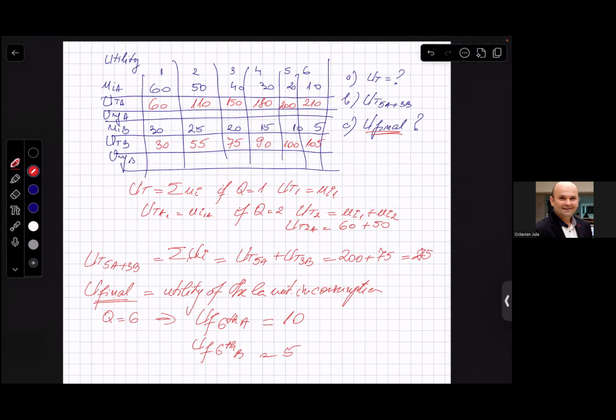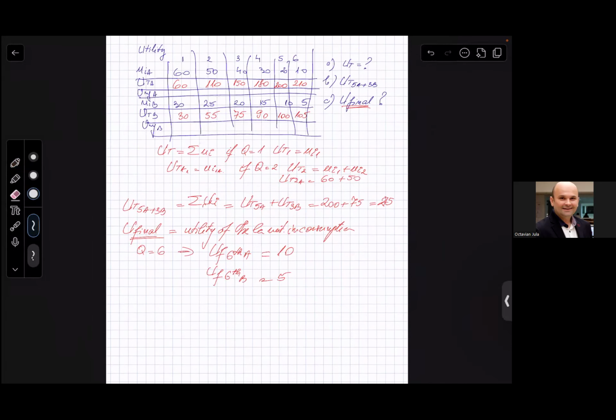Okay. Also to this exercise, let's look at what marginal utility means. I want to remind you that marginal means the benefit that an individual has in consumption from 1 extra unit of a specific product. So it is the extra utility divided by the extra quantity. For example, if I want to find out for the quantity equals 4 units of A, what is the marginal utility of 4 units of A?